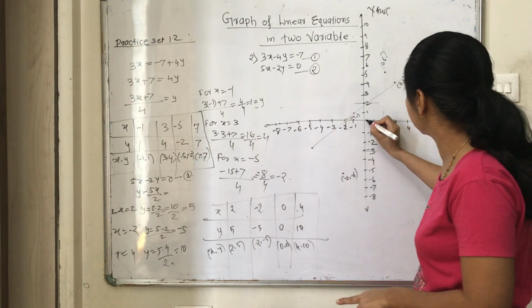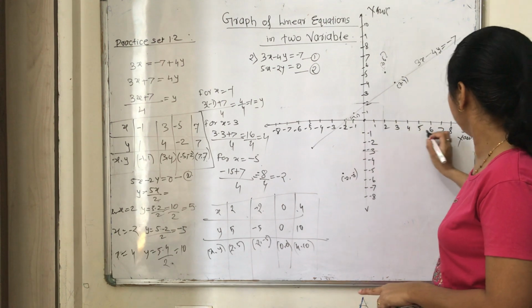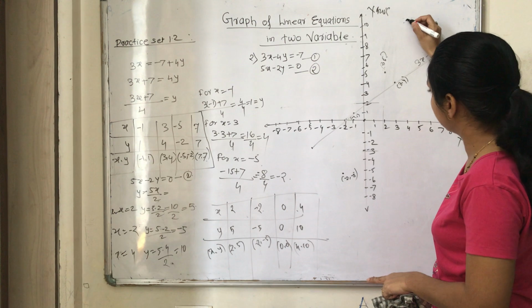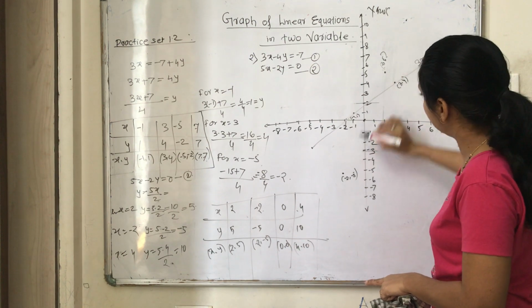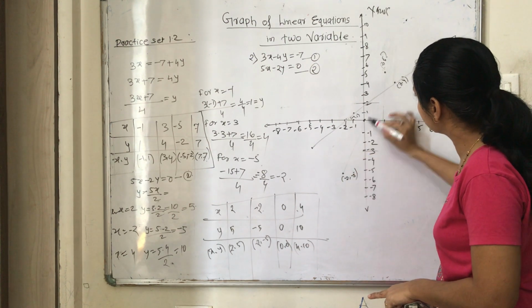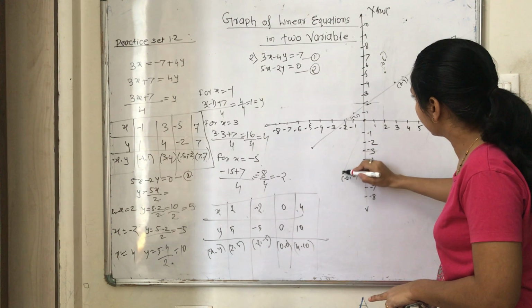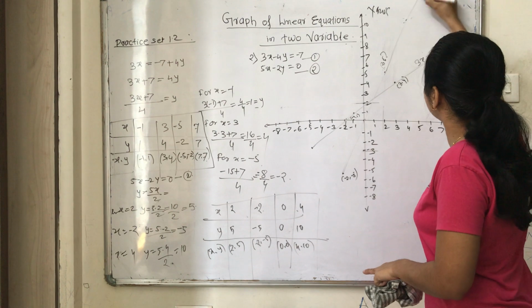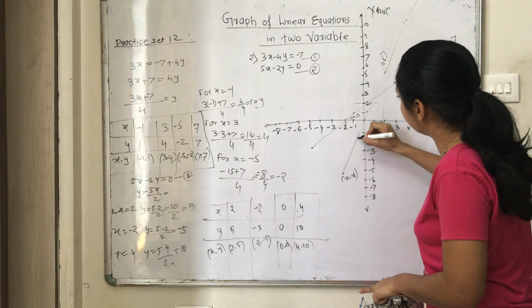Then it is 0 comma 0. So this will be the point. And then 4 comma 10. So it will be here. Okay, I need to plot a line. See, if you do it with a scale, then you will get a perfect line. So the line will be like this.